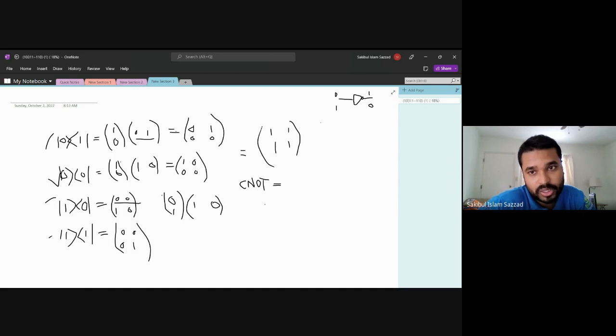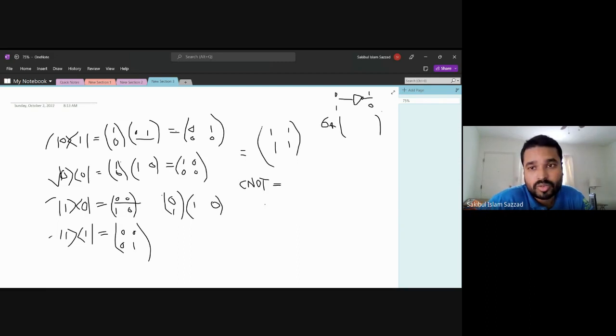For the quantum NOT gate, it is called Pauli-X gate. The condition for the NOT gate is when there is 0, output will be 1. When there is qubit state 1, output will be 0.